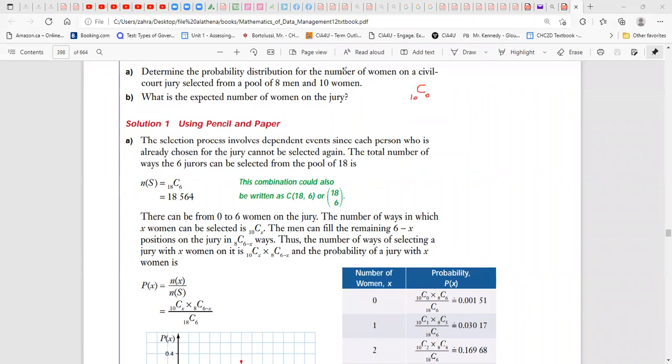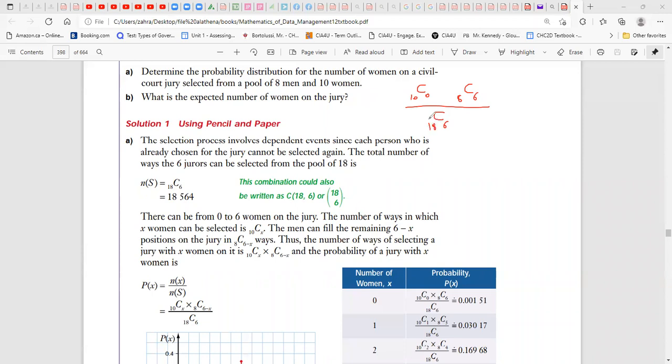And in a civil court jury, we have 6 people. These 6 people would be selected from all men, so C of 6 divided by the total events, which is choosing 6 out of 10 plus 8, 18.